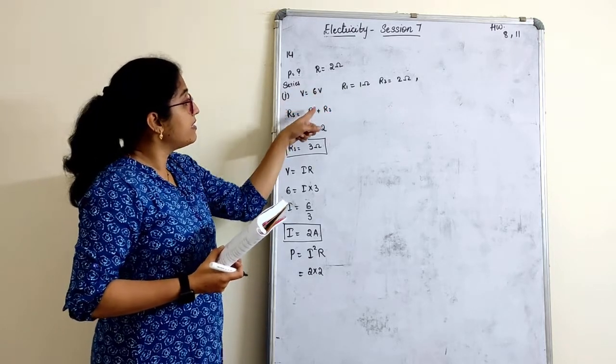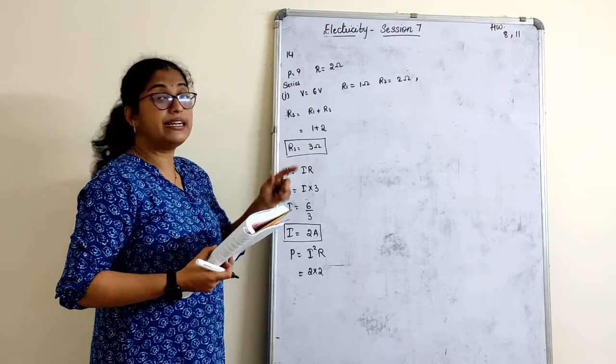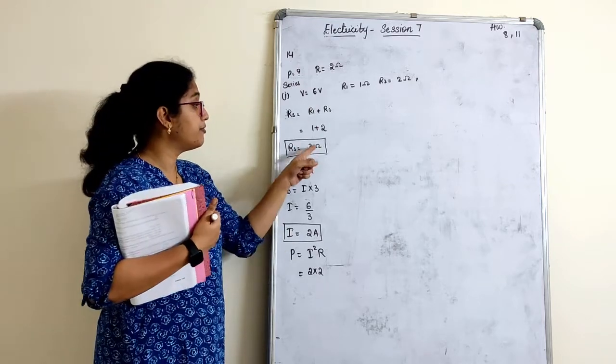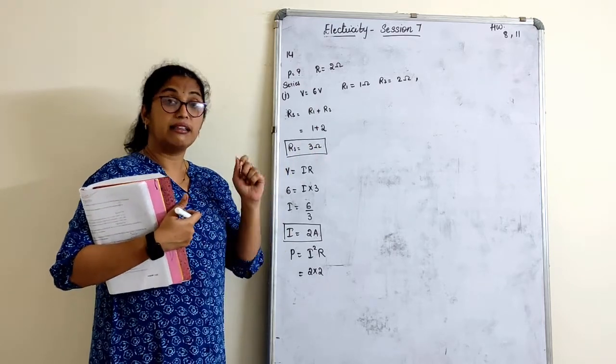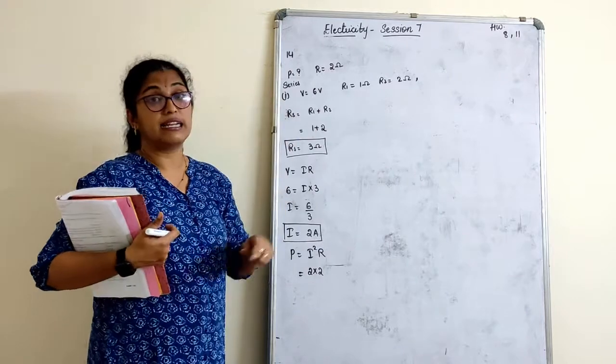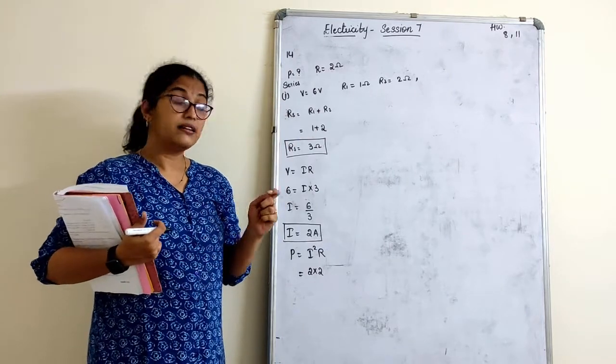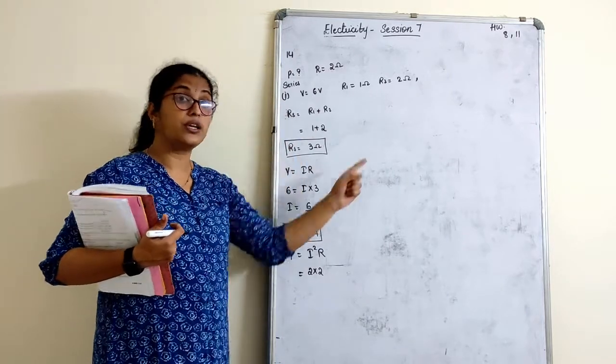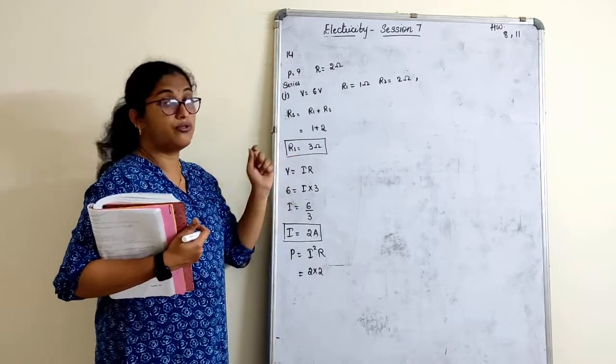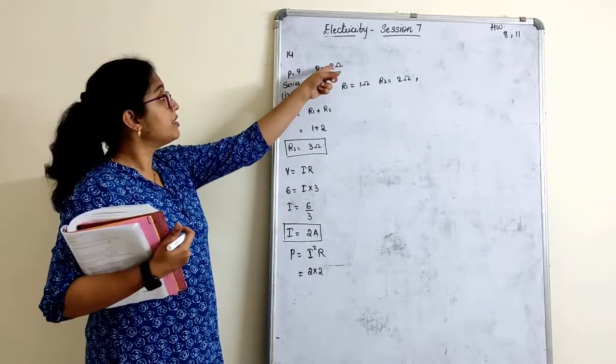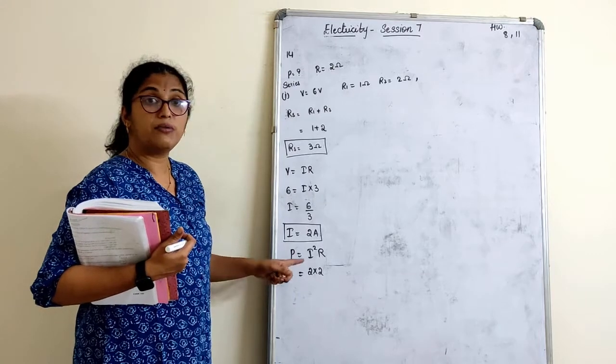Directly we could have taken it, but what was the requirement of finding the 3 ohm equivalent resistance? That's only because these are connected in series. To find the current flowing in the circuit, I have to find the equivalent resistance first. With only that, I can't use the power formula with anything else.